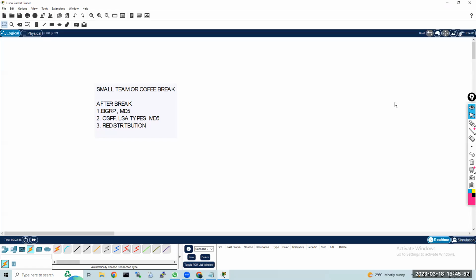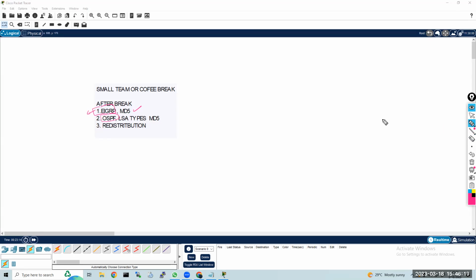Okay, guys, now the topics I'm going to discuss. The next topic is EIGRP and MD5, and how EIGRP works. Some theory part we shall discuss. Then we'll go for OSPF, then OSPF LSA types.